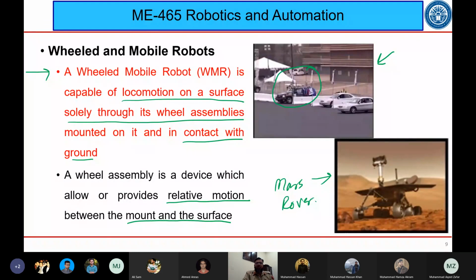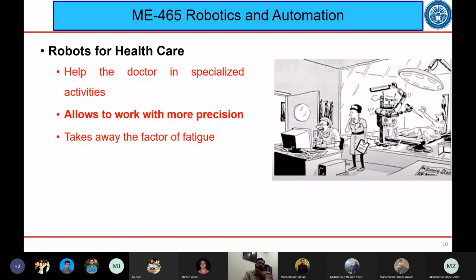ठीक है, so these are the mobile robots. Then we have robots for the healthcare, and if you look at this picture, so you can see that this is the doctor's console, and the doctor is not looking at the patient. This is the robot which is carrying out surgery for the doctor, but it's just a cartoon.